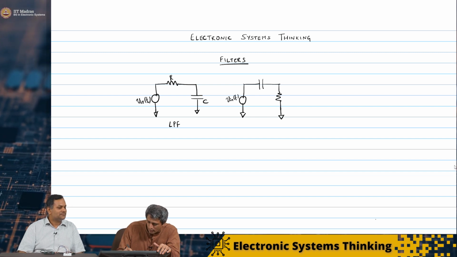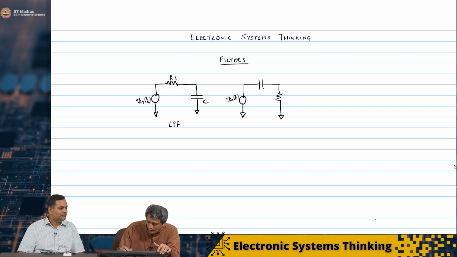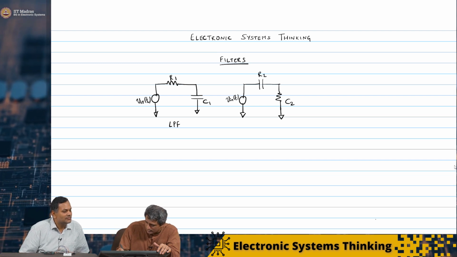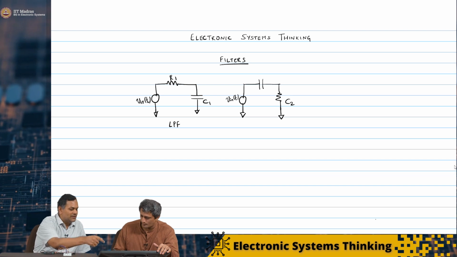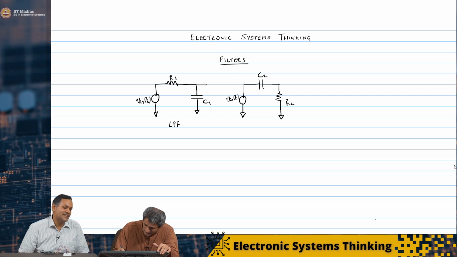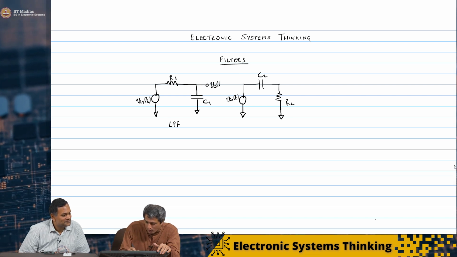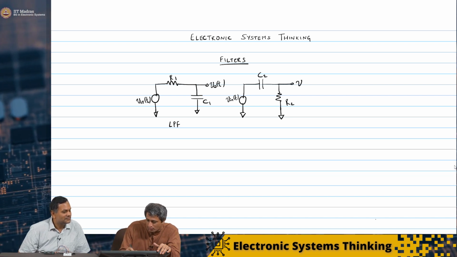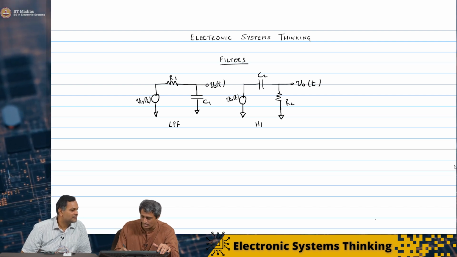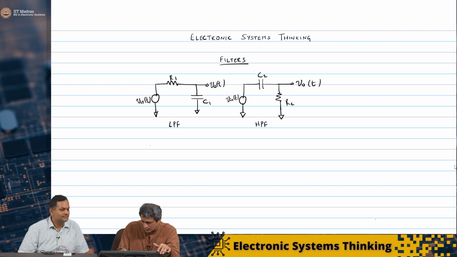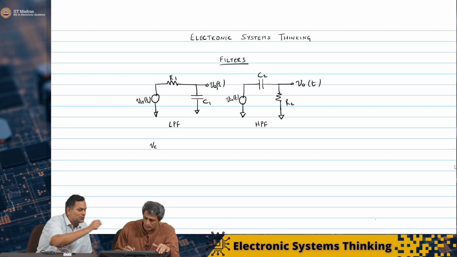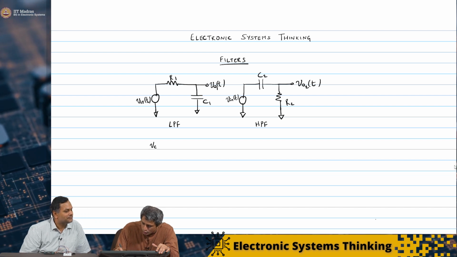V in of t. I'll call this R1, C1, R2 and C2. No, the other way, C2 and R2. Exactly. And the output voltage is always here, V out of t. This is the high pass filter, and maybe we'll call this V out 1 of t and V out 2 of t.